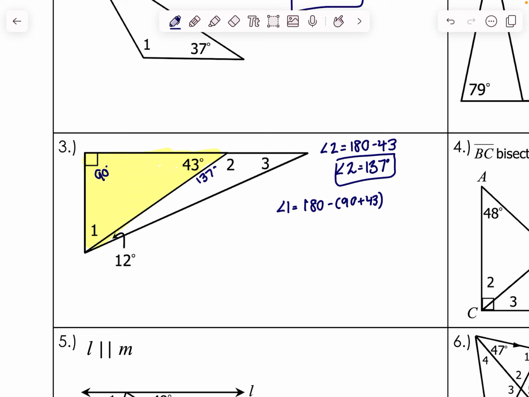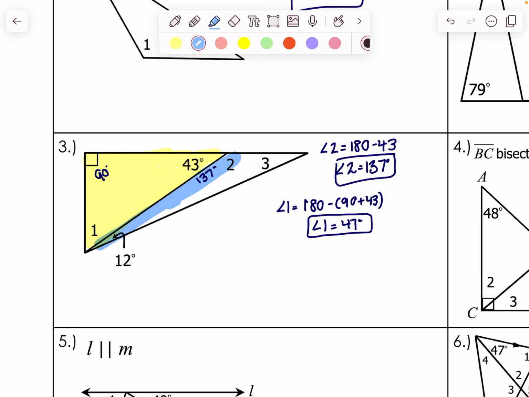So that's going to get us angle 1 to be 47. And then to get angle 3, I have my triangle over here. I know 2 out of those 3 angles, so all I need to do is add those up and subtract from 180. So I add 137 and 12, subtract from 180, and I'm going to get 31.